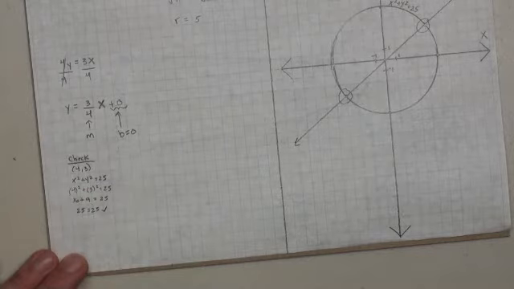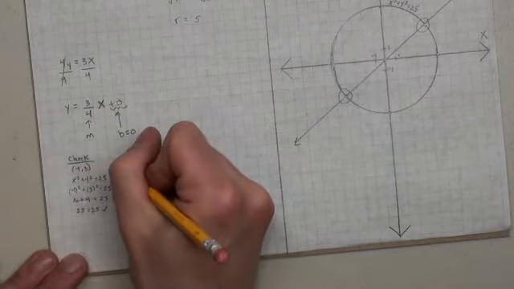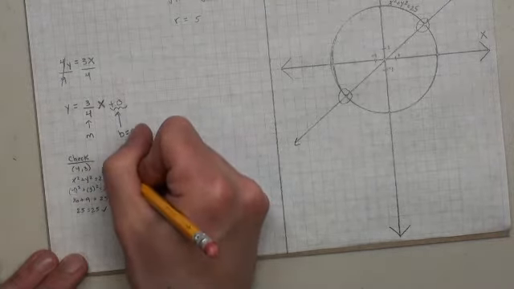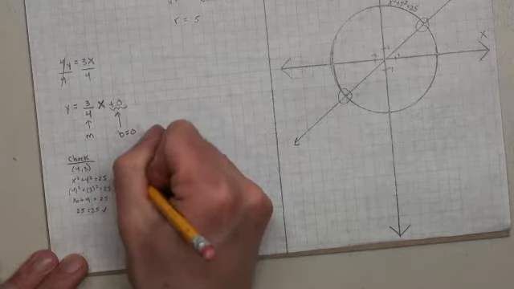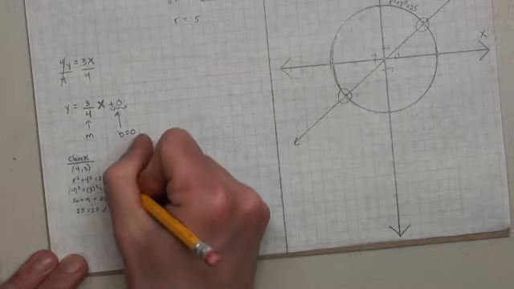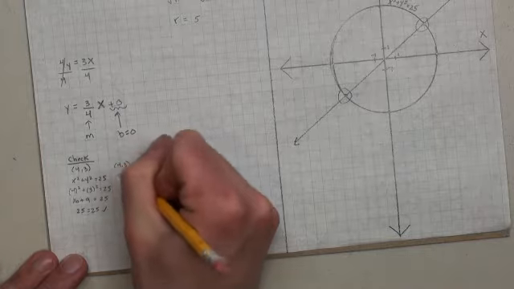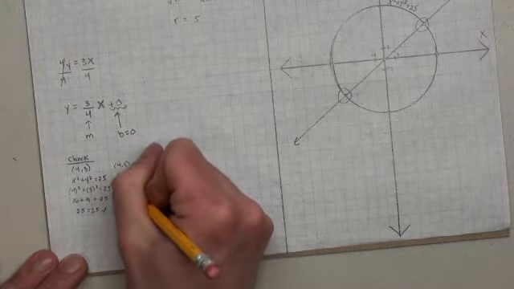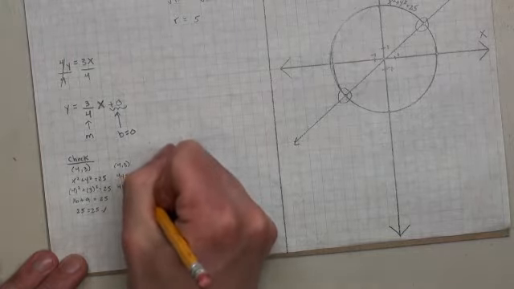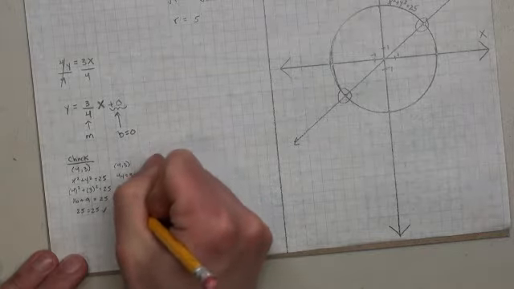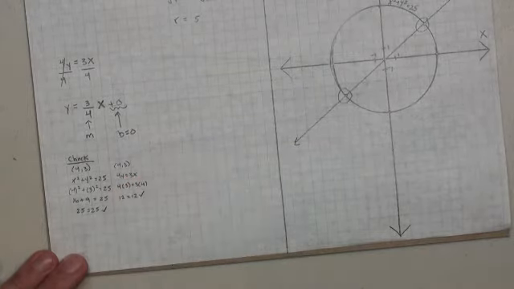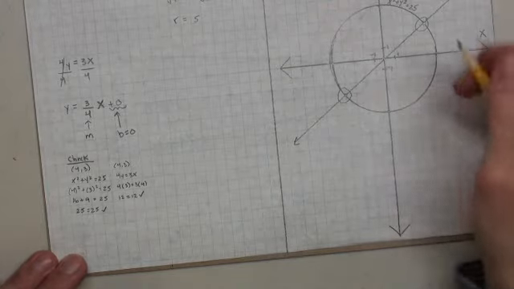So it checked in the first equation. Okay. Now let's check it in the second equation. 4y has to equal 3x. So 4 times 3 has to equal 3 times 4, and 12 does equal 12.